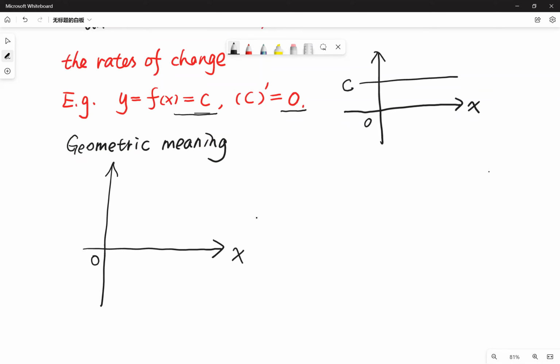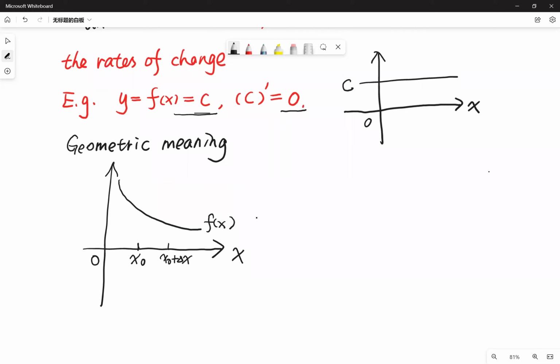Here is a function f(x), and this is the point x0. After an increment, there is a point x0 plus delta x here.